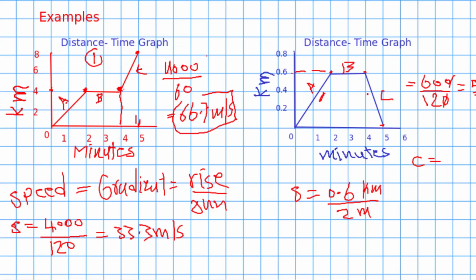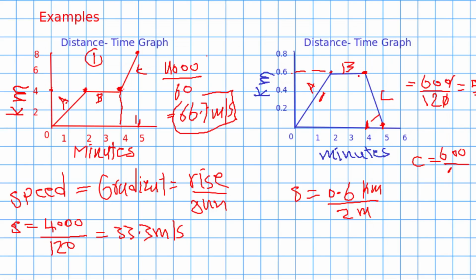The speed in section C is equal to rise over run. The rise is here, which is 600, because we converted 0.6 kilometers to meters. So 600 divided by the time here.